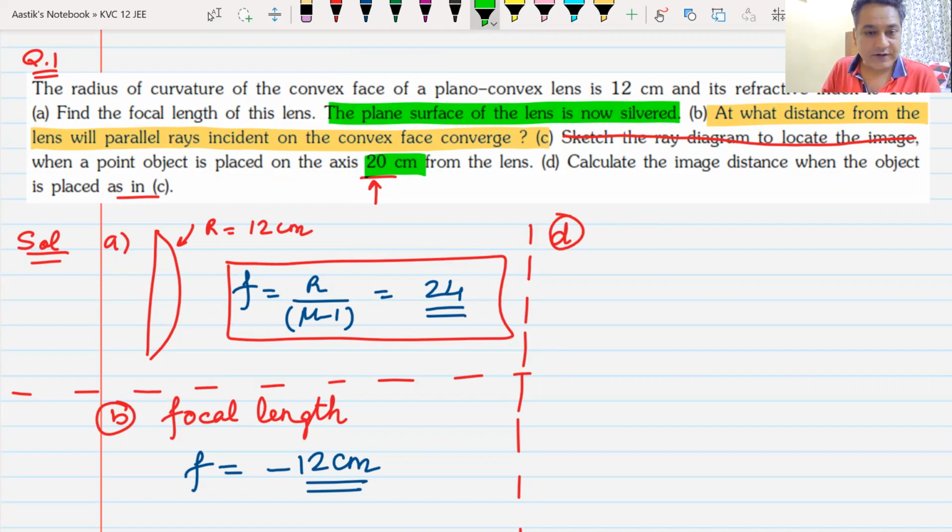I'll give you 1 minute. Think about it and get the correct answer sorted in everyone's mind. Please think about it and tell me whether you are getting an answer as minus 30 or not. Else I will show how it is to be done. In any case, I will show how it is to be done. But I want you to do it so that you are confident that you will be able to crack this.